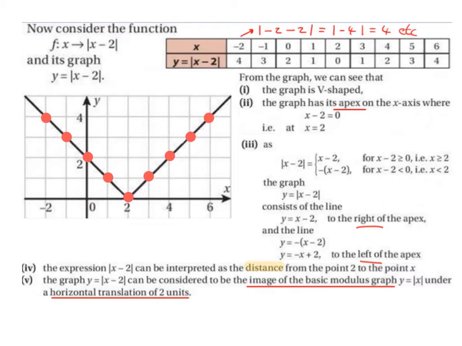So basically we have the graph of y equals the modulus of x, which goes here, and it's been moved 2 units to the right. The minimum point, or the apex, of the graph y equals the modulus of x is 0, 0. So the apex of the graph y equals the modulus of x minus 2 is at plus 2.